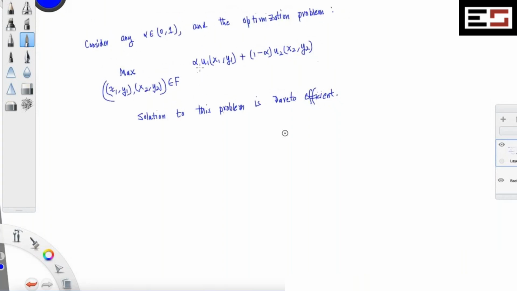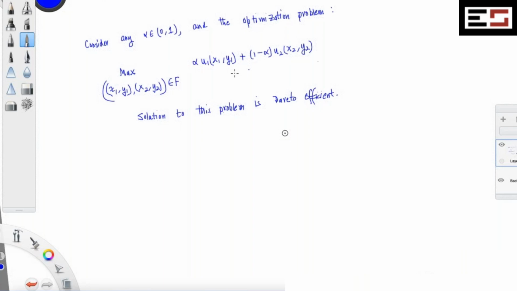You can also take monotonic transformations of utilities while you are solving this problem. You can consider different monotonic transformations of u1 and u2 and then solve this particular problem. They'll also generate Pareto efficient allocations. Okay, so this is actually a very neat result, and it can be used to find efficient allocations.